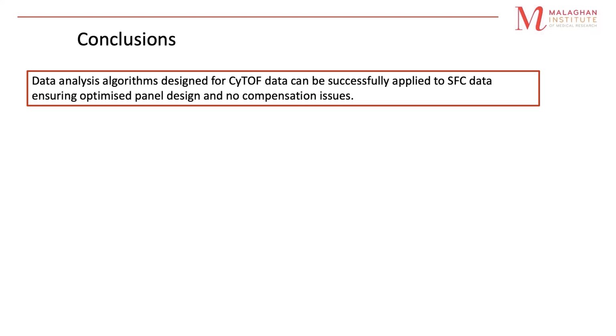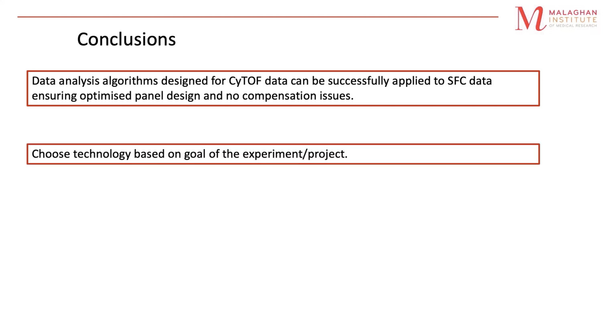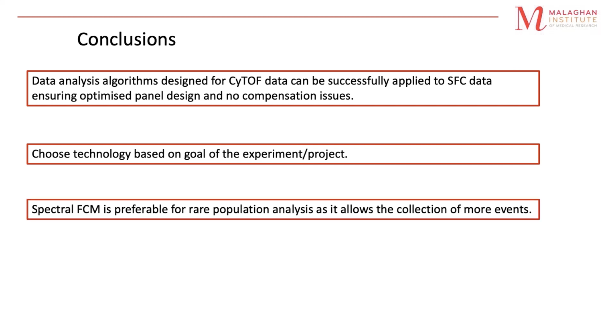But we will need to ensure a good panel design, that the panel has been well optimized, and that there are no compensation issues in our data. The decision between using one technology or the other will depend on the goal of the project you are working on, or also on which technology is more accessible for you at the moment. Spectral flow cytometry is preferable for rare population analysis as it is faster and allows you to collect more events easily.